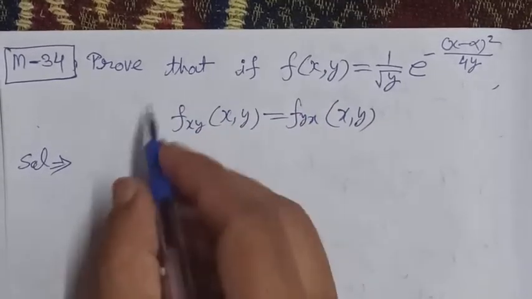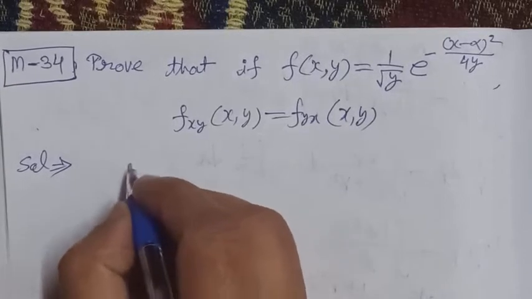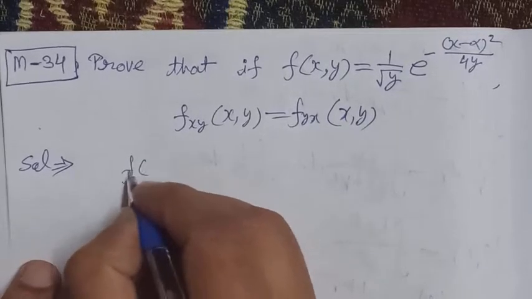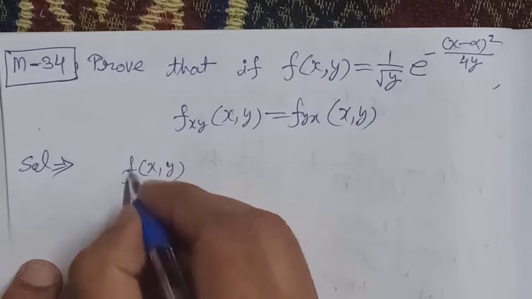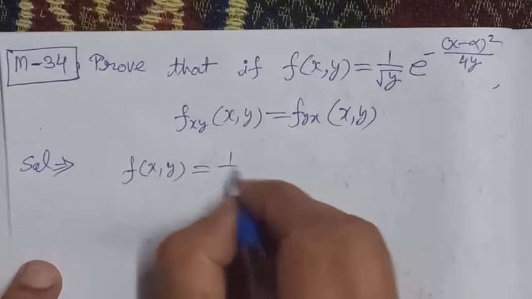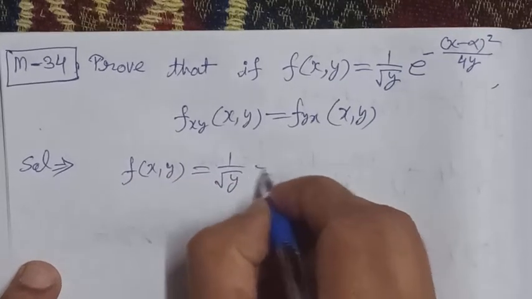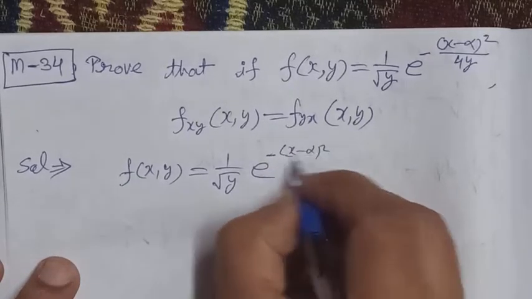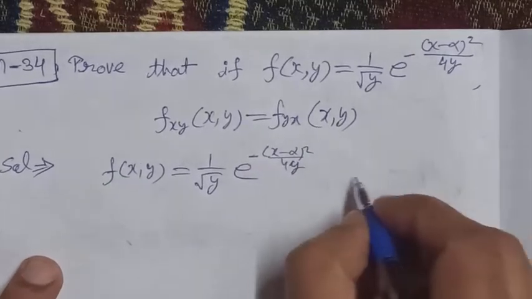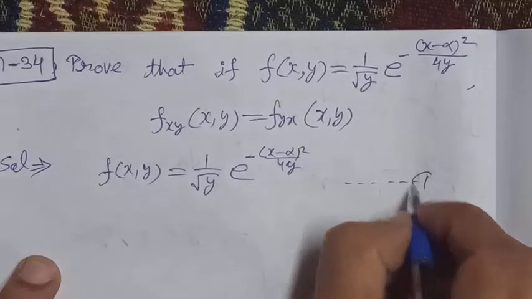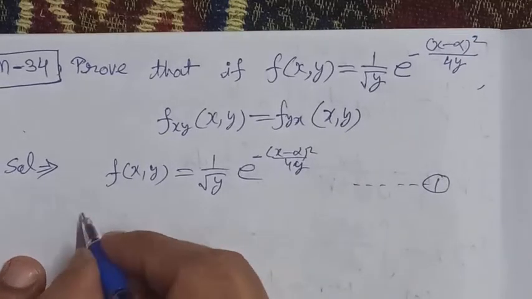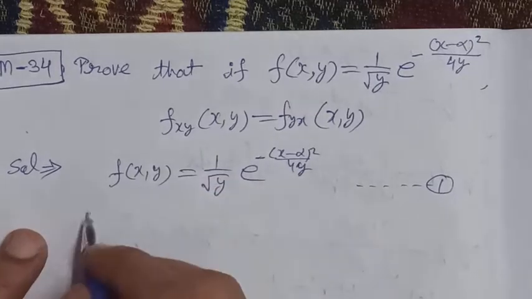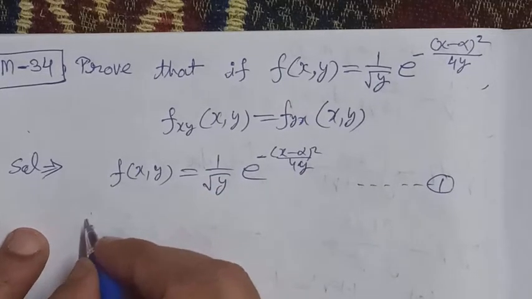So we are given that f is a function of x and y, which is equal to 1 upon square root y e to the power minus (x minus alpha) whole squared upon 4y. I write it as equation number 1 and differentiate it partially with respect to x.